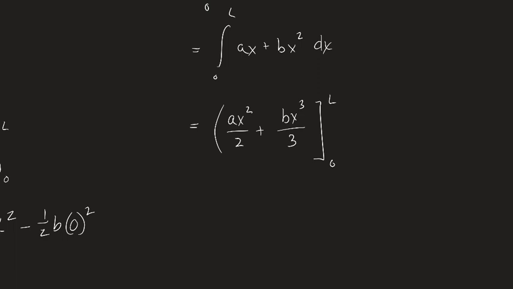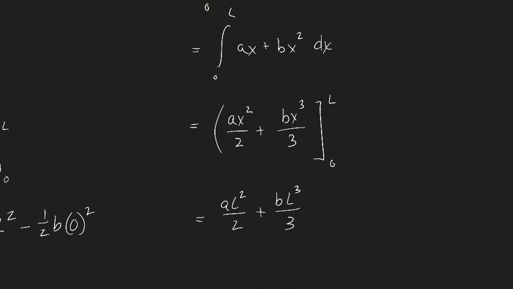I probably would. I'm putting every step in there because I think most of the people in the room need to see it. All right, so I'm not even going to bother to put in the bottom limit. It's 0. We already know that that's going to zero everything out. So this is going to be AL squared over 2 plus BL cubed over 3.